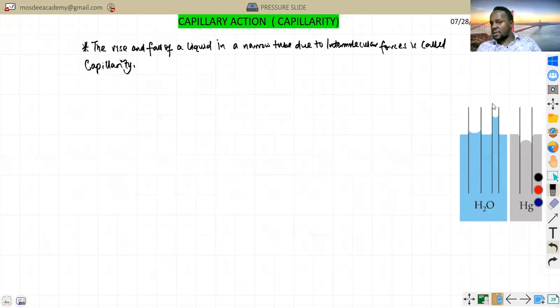This is exactly what happened here. You can see the narrower the tube, the higher the level of capillarity. So we can say capillarity depends on the radius of curvature. Do you understand what I mean by radius? The distance between the tubes. So in a narrow tube, we have higher capillarity than in a wide tube.